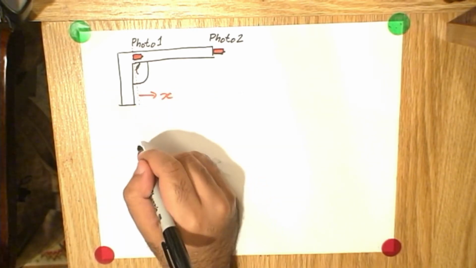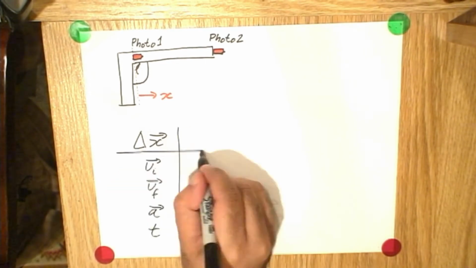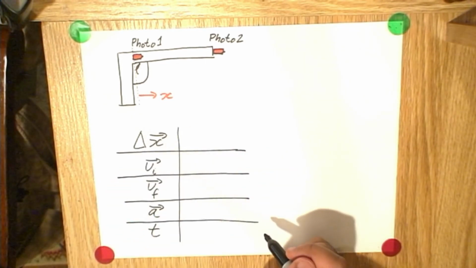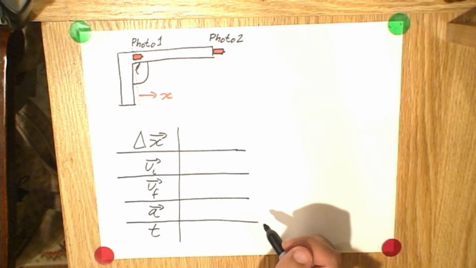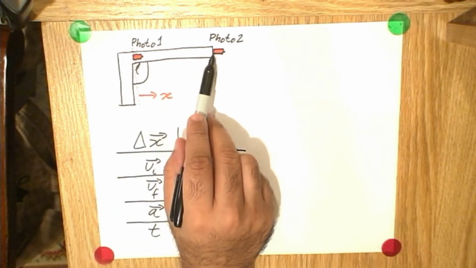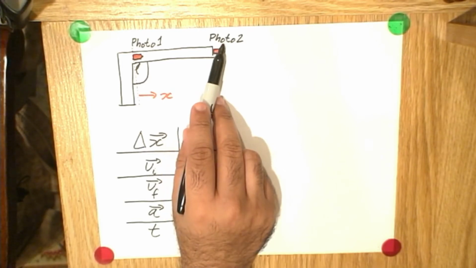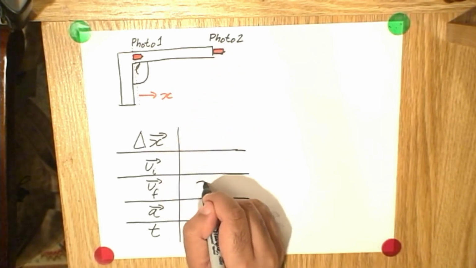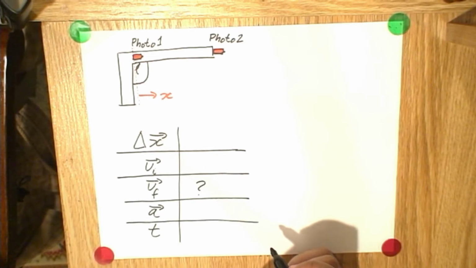Now let's create our table. In this question, we were being asked to find the muzzle velocity of the bullet, that is, the velocity as it leaves the gun. That's photo 2. That's the final velocity. What were we told? It was implied that the bullet will start from rest.